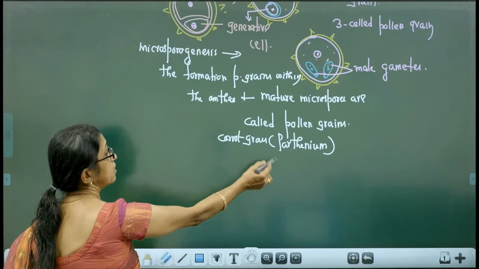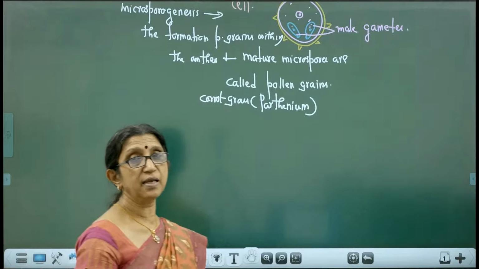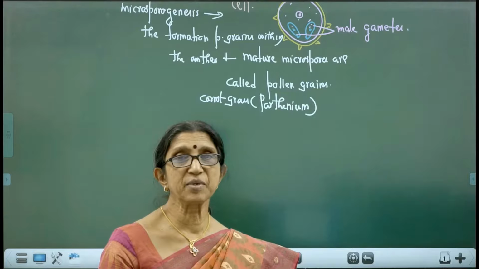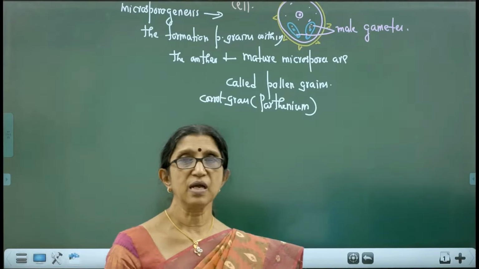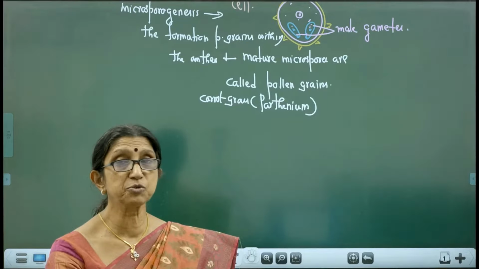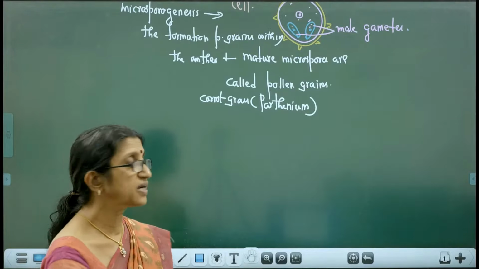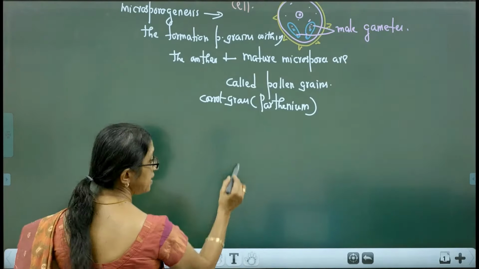So with this, microsporogenesis is over. Now let us see how the megaspores as well as the female gametophyte or embryo sac is developed within the ovule. And for that we have to go back to the female reproductive structure called the pistil, or gynoecium. What is the structure of the pistil?